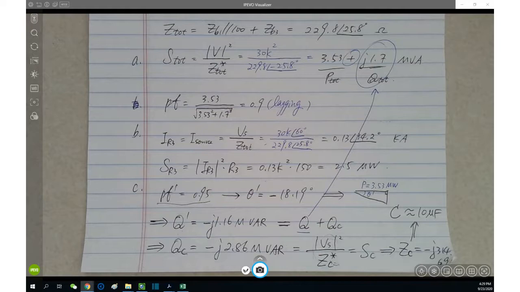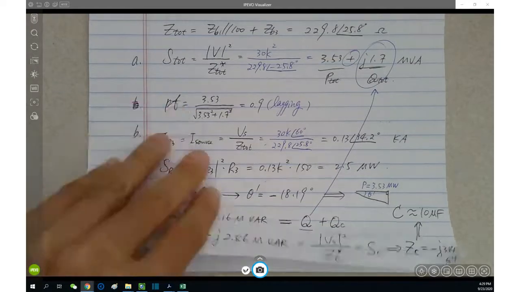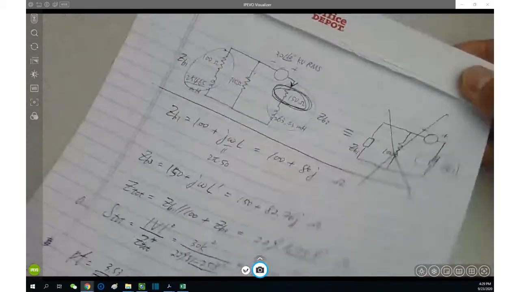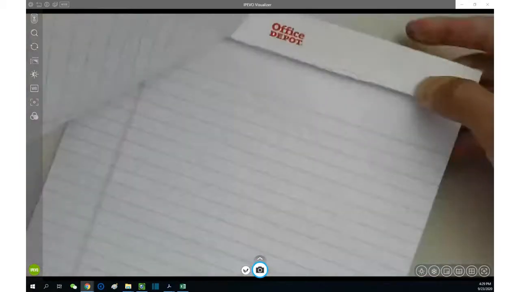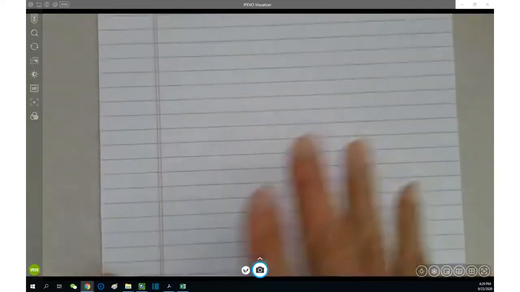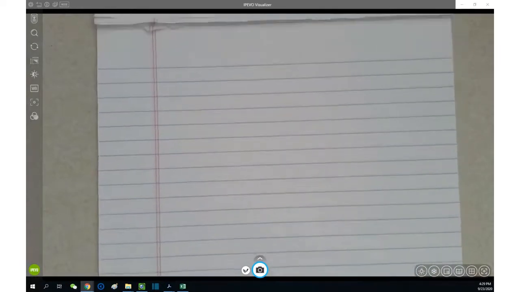How many of you got the correct answer for this capacitance value? Good, I saw several names. If you got the correct answer, then that's good.